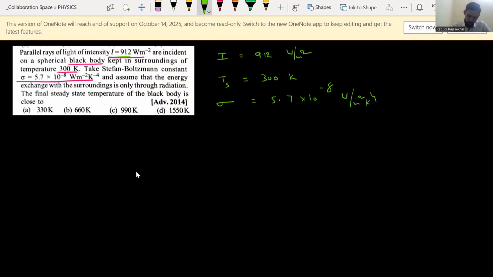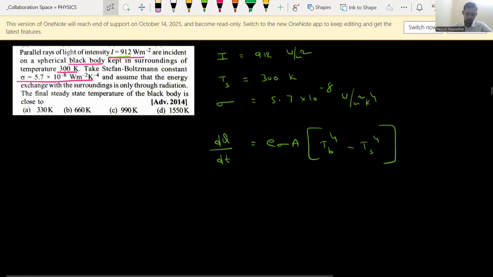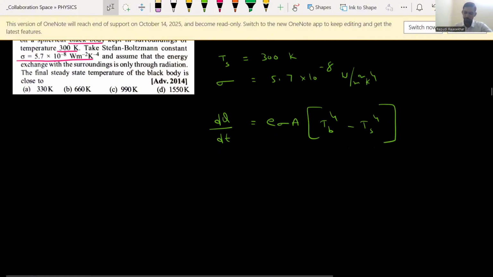So directly we can mention here dQ by dt equals E sigma A times Tb power 4 minus Ts power 4. This is the equation for heat flow per second. In Newton's law we have discussed this in thermal properties, so we can apply the direct equation.